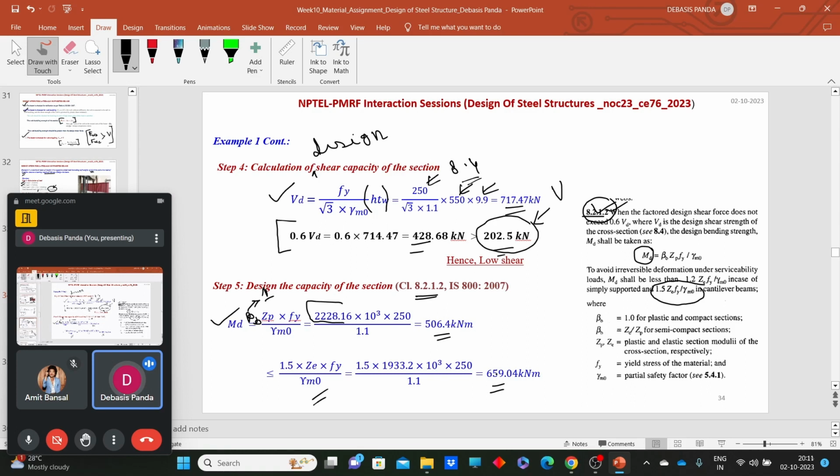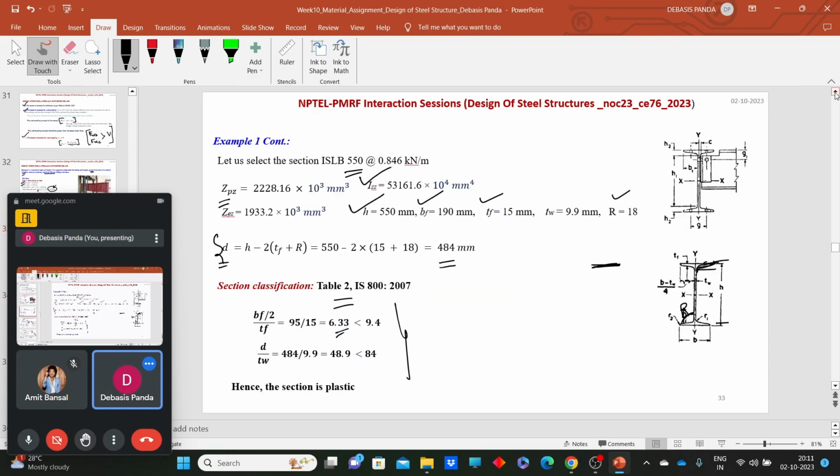That means my design bending capacity for the beam I have selected, that means ISLB 550, the design bending capacity is 506.4 kilonewton meter, and this is greater than your design factored bending moment.